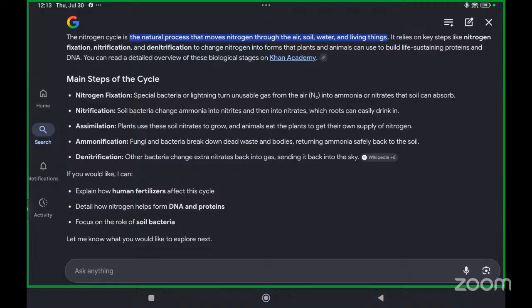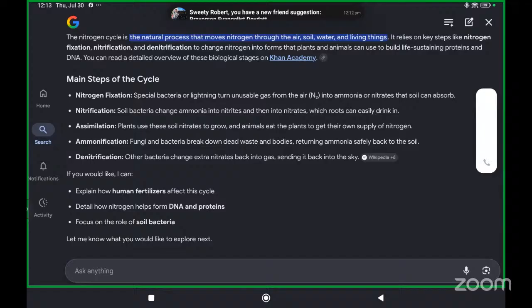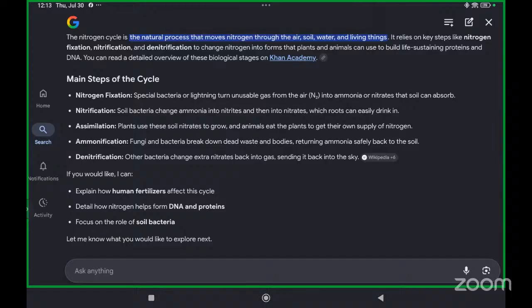In denitrification, other bacteria change extra nitrates back into gas, sending it back into the sky. Now, do you have to remember the technical names of every process? No, you don't have to do that. I will explain how this works in simple words. There are some special bacteria that take up unusable gases from the air and change them into ammonia, which the soil absorbs.